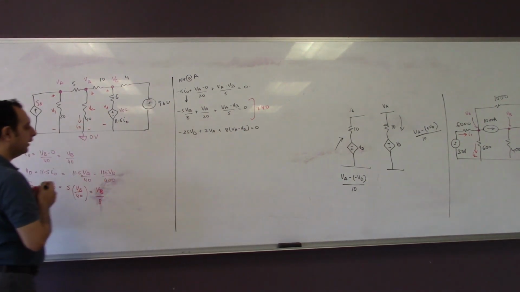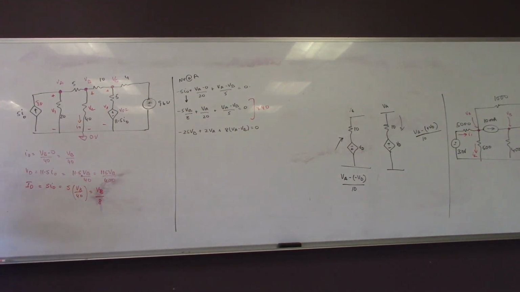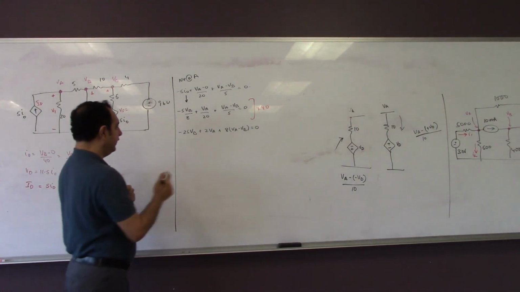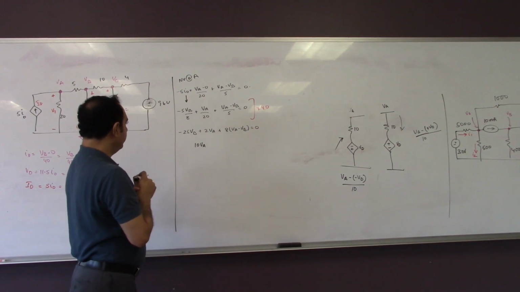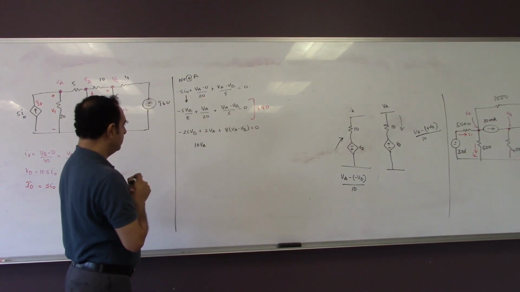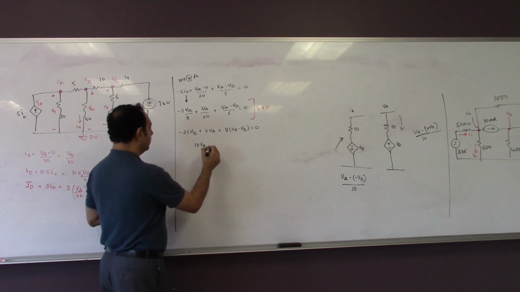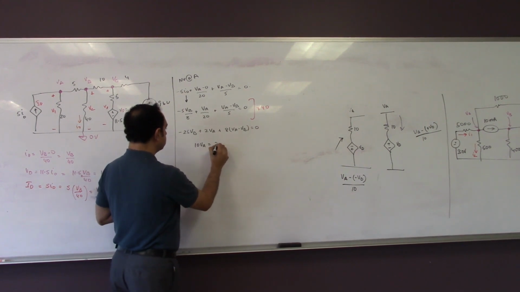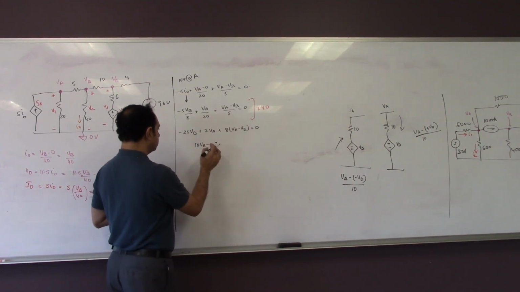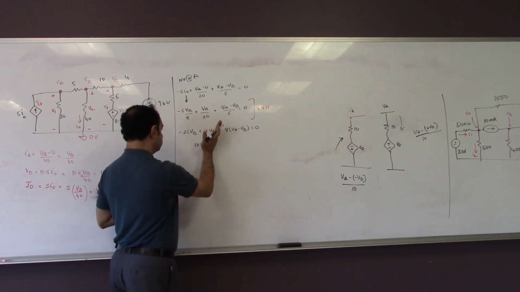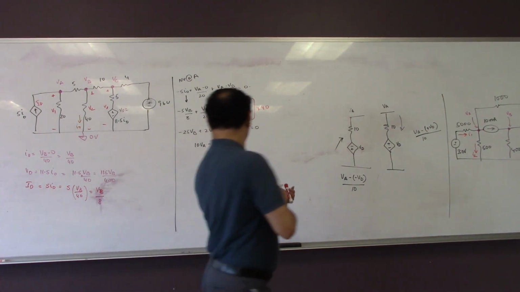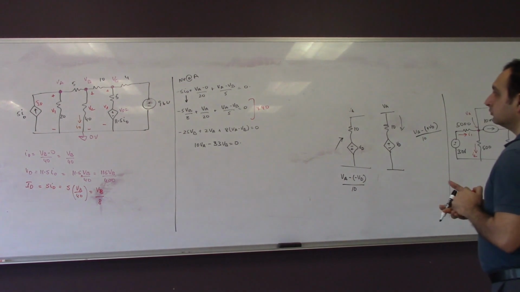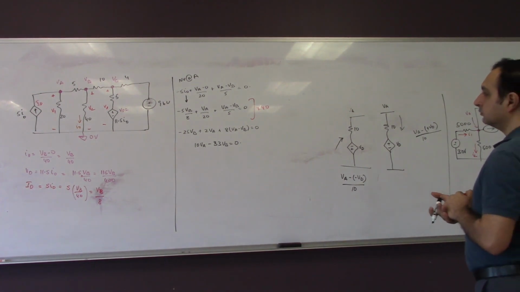If we put together all the VA terms, 10 VA, 25 and 8, that will be 33.